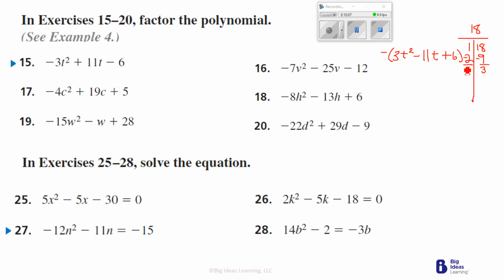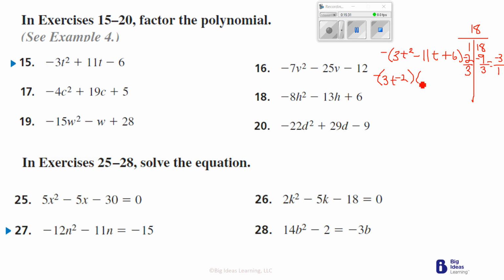All right. Now I could say that the first one has to be, well, there's going to be the negative. The constant is going to be my numerator, which would be negative 2. The coefficient is going to be my denominator, which is 3. So that would be 3t. The second one, I know negative 9 divided by 3 can be reduced to negative 3 over 1.